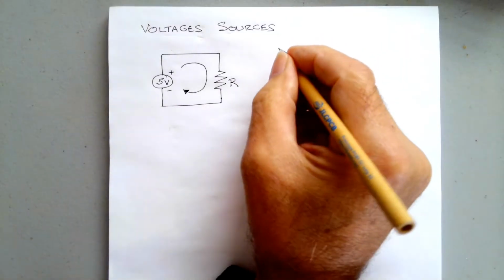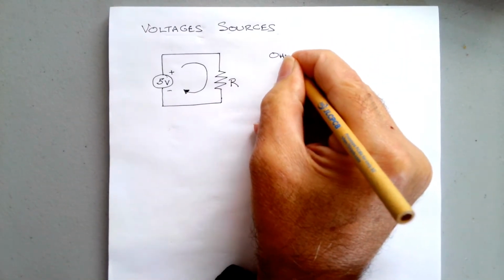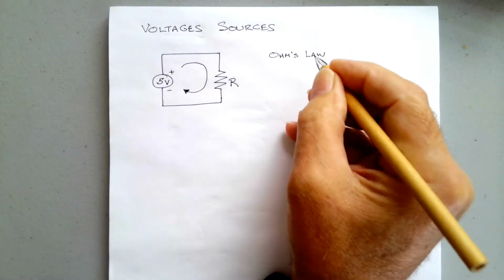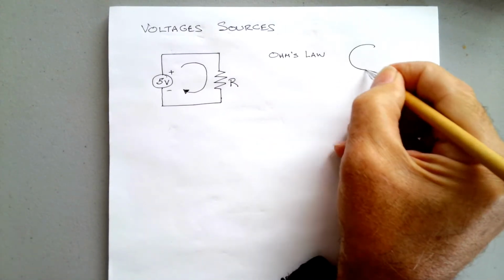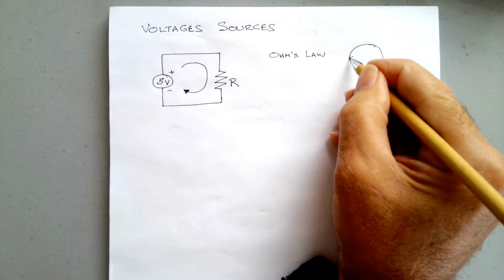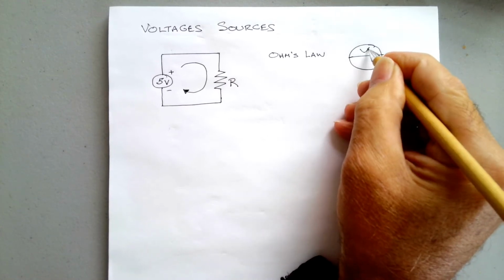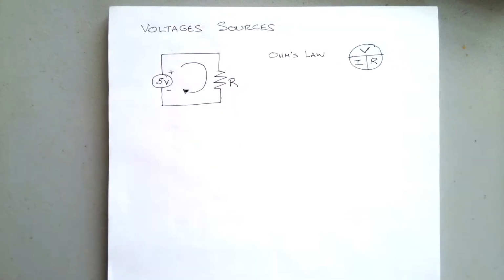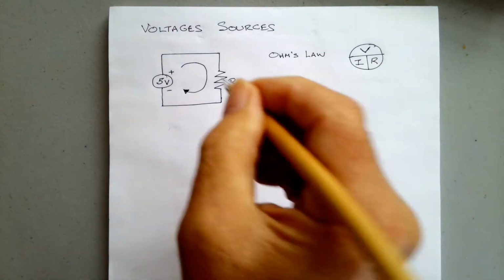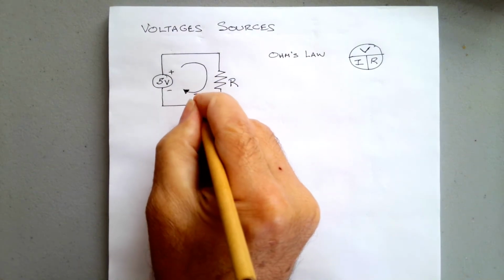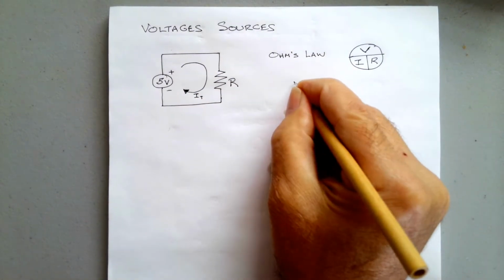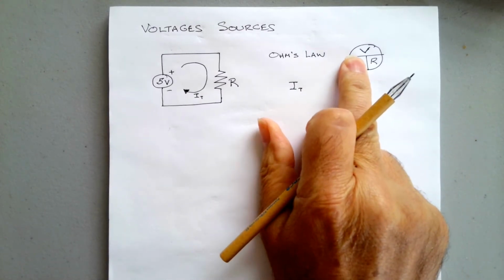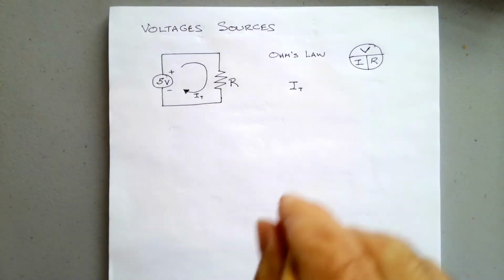And a current from Ohm's law is going to be, remember our mnemonic over here, V over IR. If we want this current, I total, we're trying to solve for I, so it would be V over R.